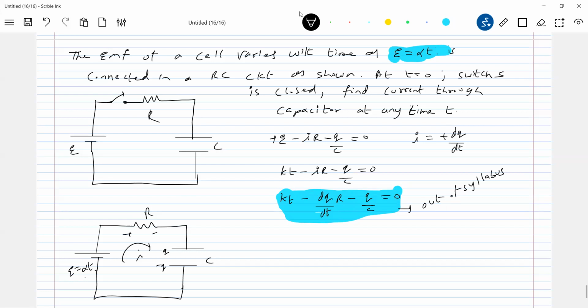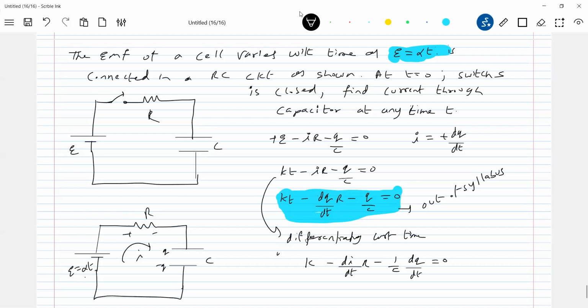So instead of going like this, now I equal dq by dt, let me differentiate this equation. Differentiating with respect to time, this will become k minus R di by dt minus 1 by C dq by dt equal to 0.